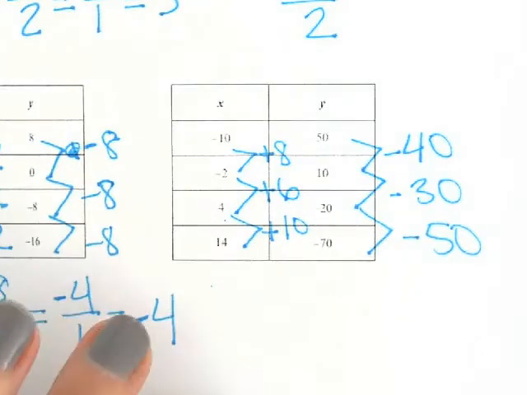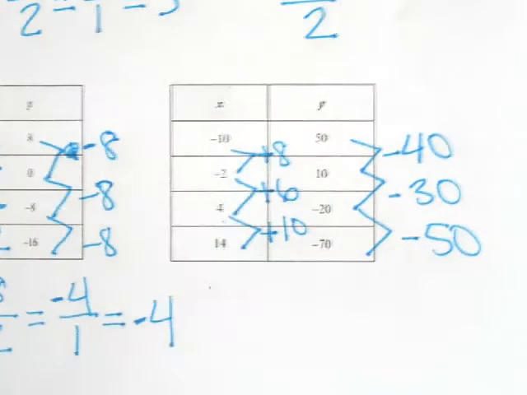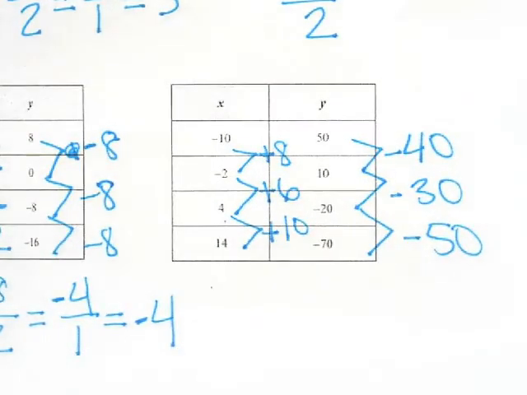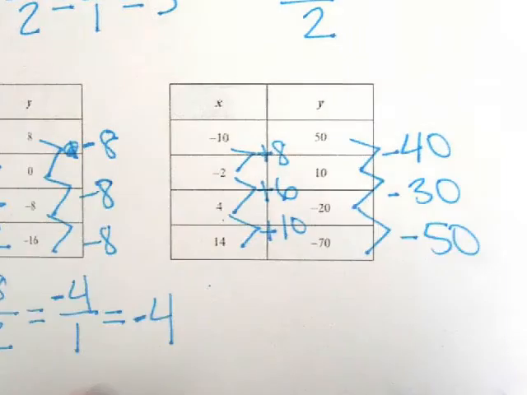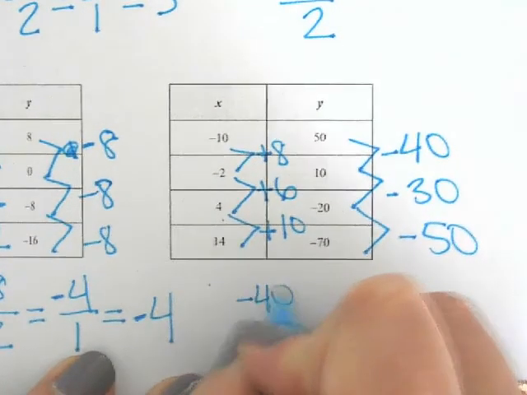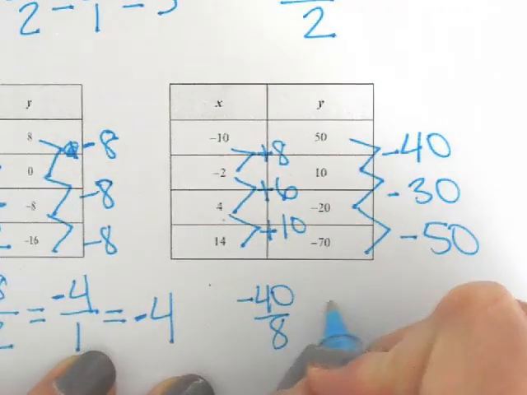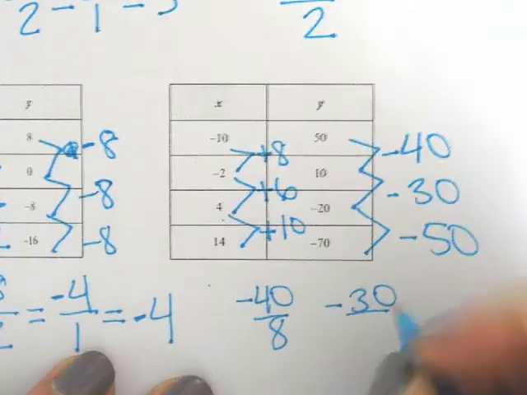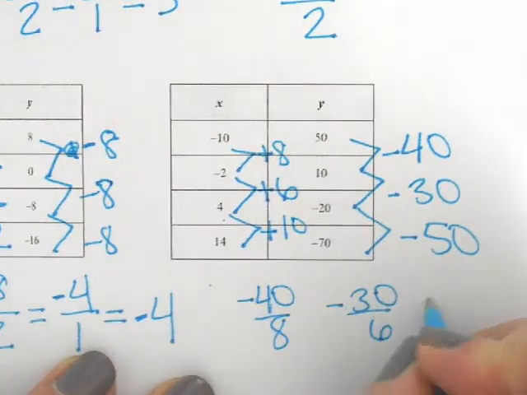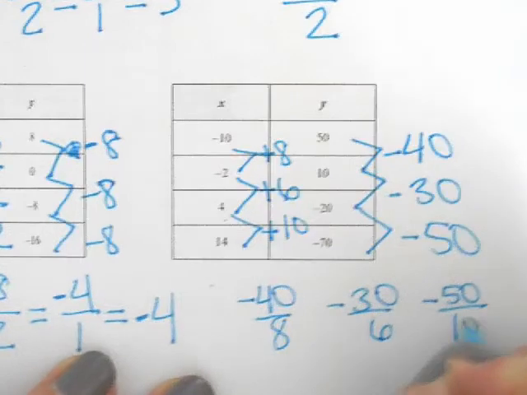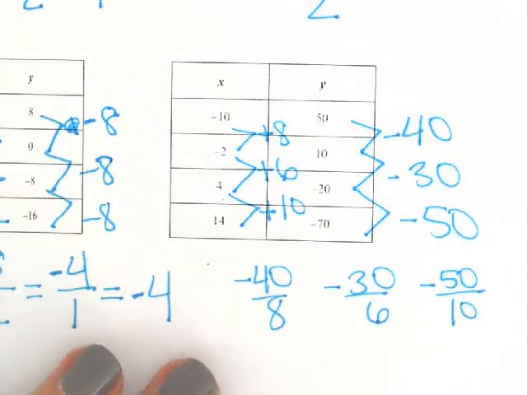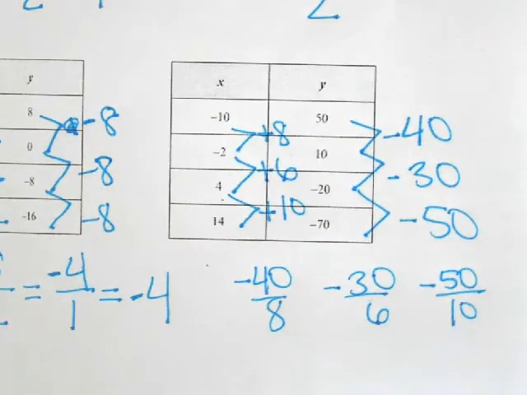Some students get to this point and notice the numbers are different. They automatically assume it's not linear, but you need to check all your ratios to see if your ratios are exactly the same. So negative 40 over 8. Negative 30 over 6. Negative 50 over 10. If I reduce all of those, they are equivalent to what?